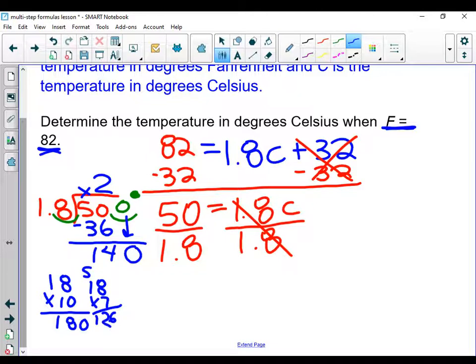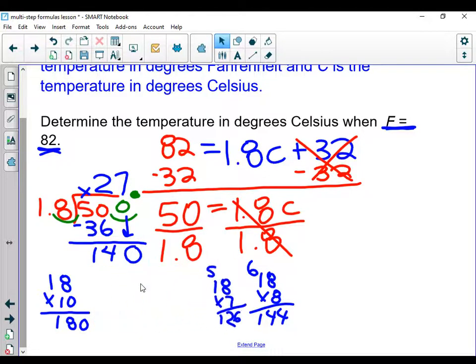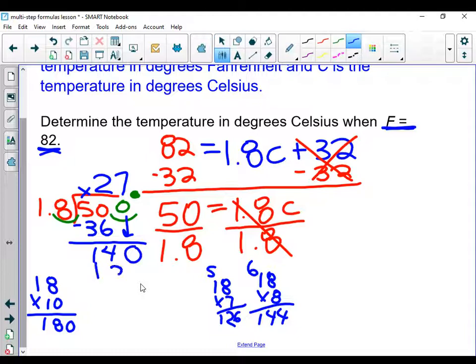Tiny bit too small. 8. Seven. What? Huh. Now I did my work in the wrong spot. What am I doing? 126?